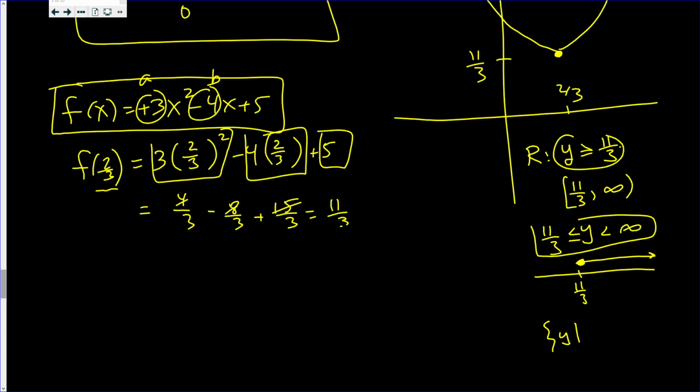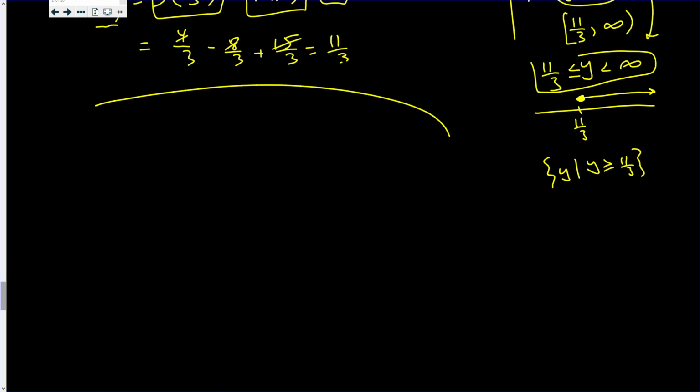I mean, these two are the same statements. Y is at least 11/3. If it's a parabola or quadratic, you should know what the range is. You should know how to graph it. What if I tell you that h of x is equal to the square root of 2x minus 5?